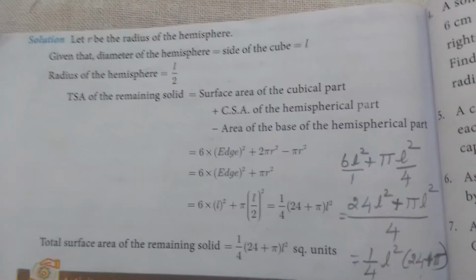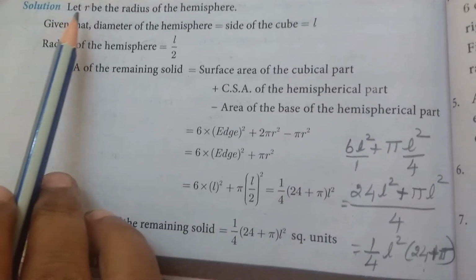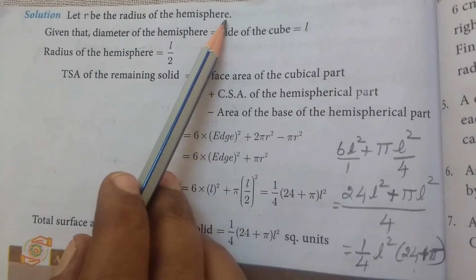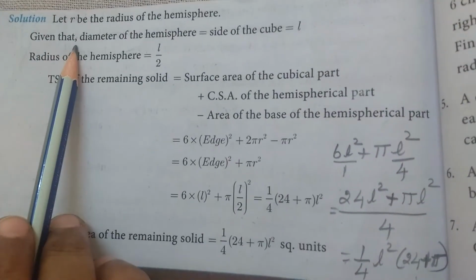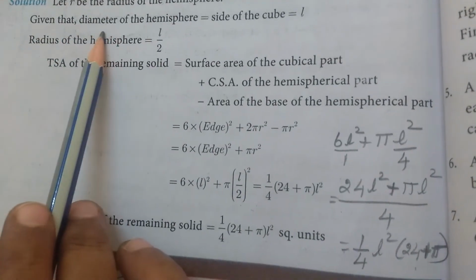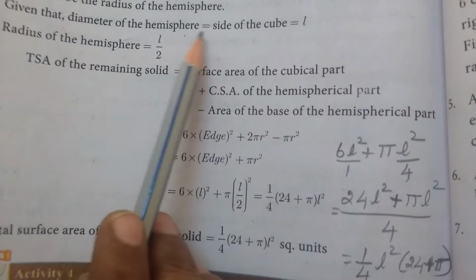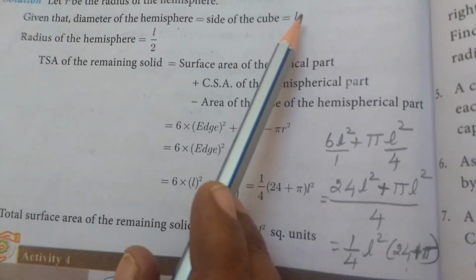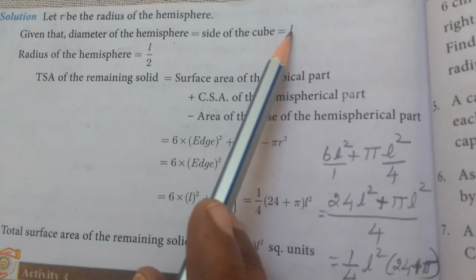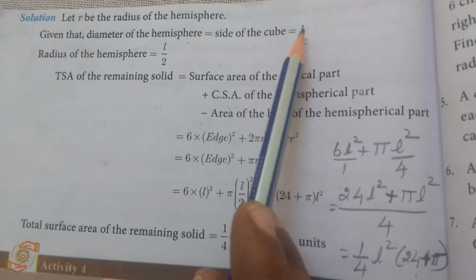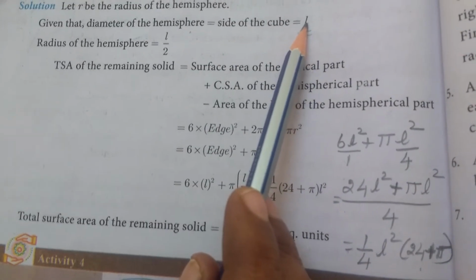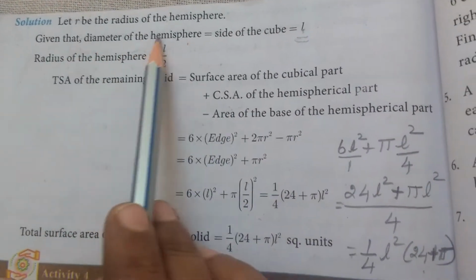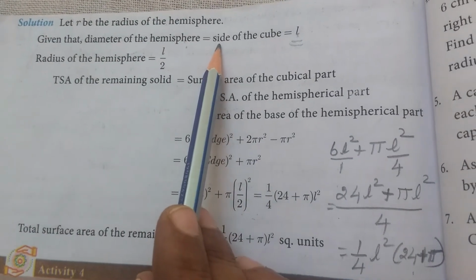Okay. So let R be the radius of the hemisphere. Given in the question, the diameter of the hemisphere is equal to the side of the cube, both are equal. L is the diameter of the hemisphere, and also it is given that the diameter of the hemisphere is equal to the side of the cube.